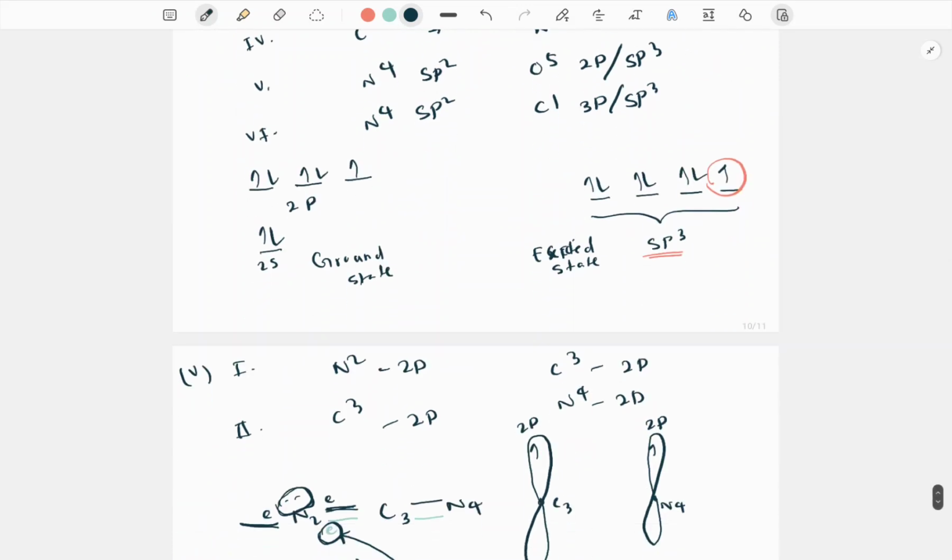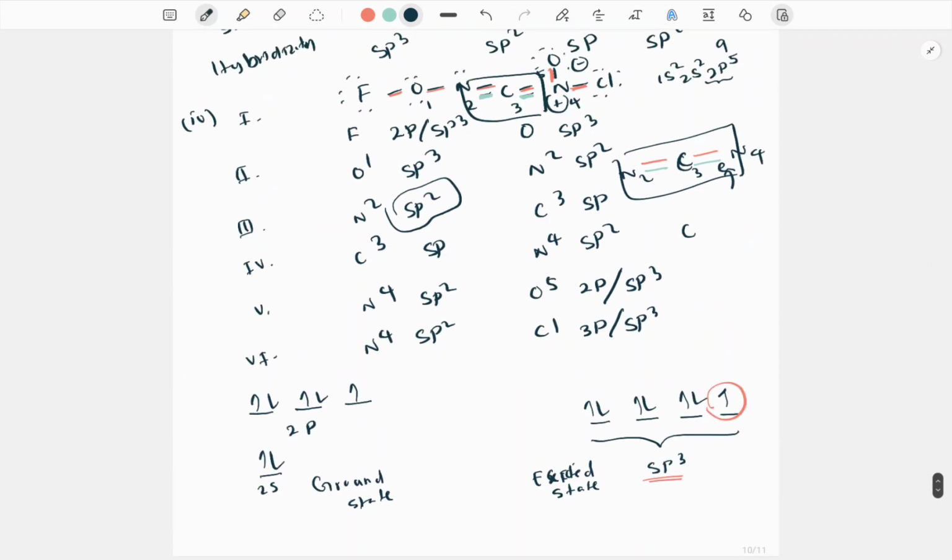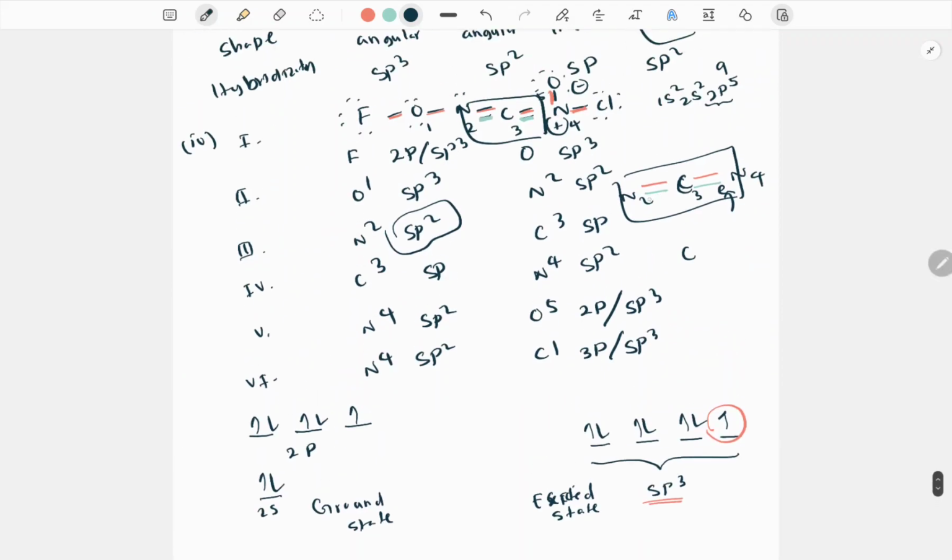Therefore, in one carbon, how many of these 2p atomic orbitals are present? There should be 2 atomic orbitals. Why? 2 pi bonds are formed like this.